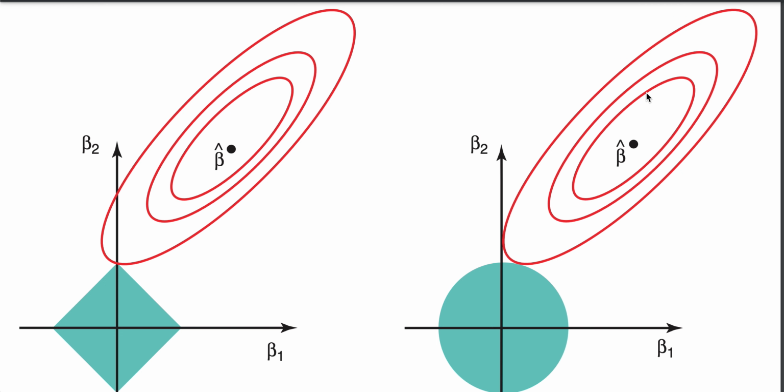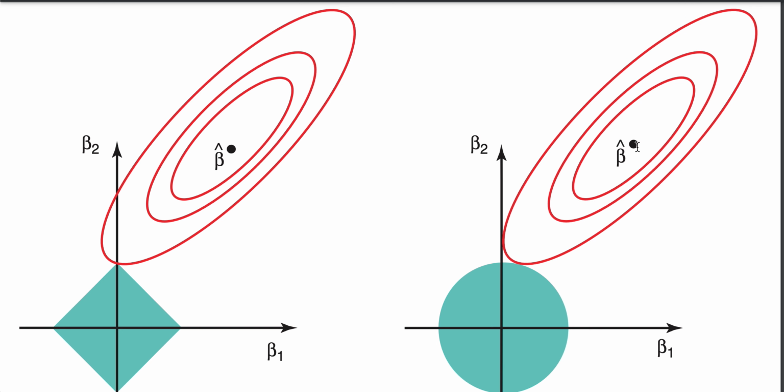So for all the combinations of beta 2 and beta 1 on this ellipse, the residual sum of squares is constant.